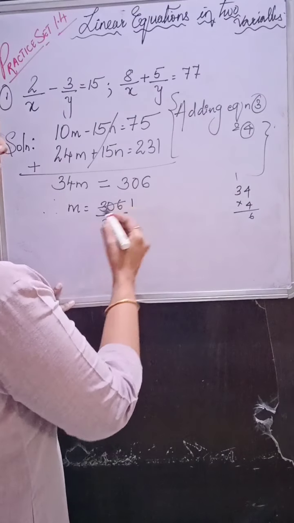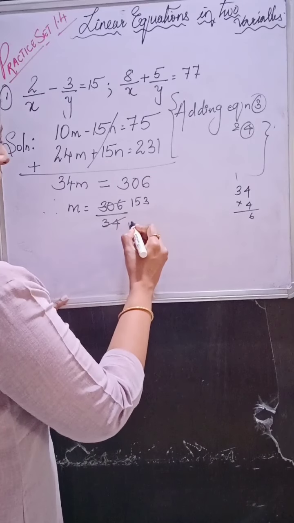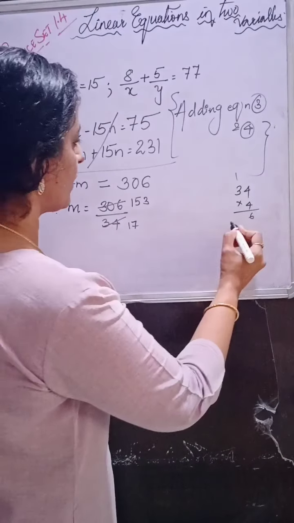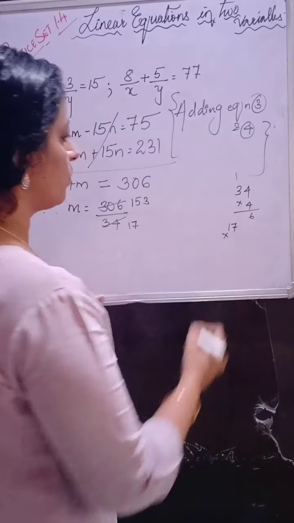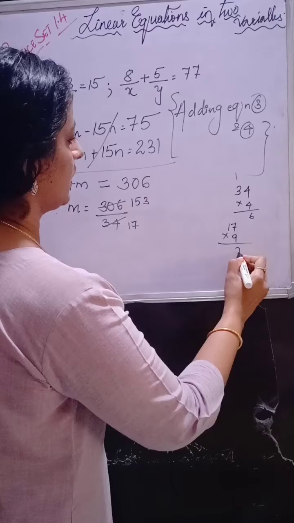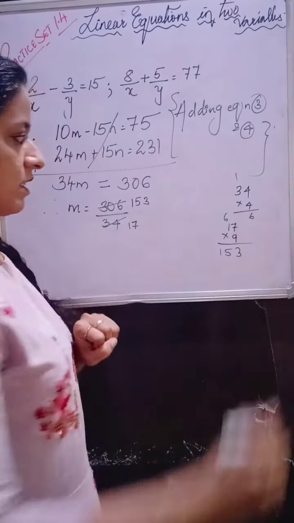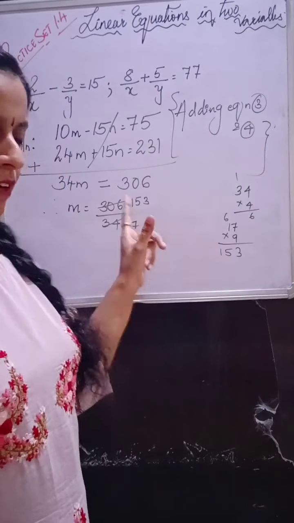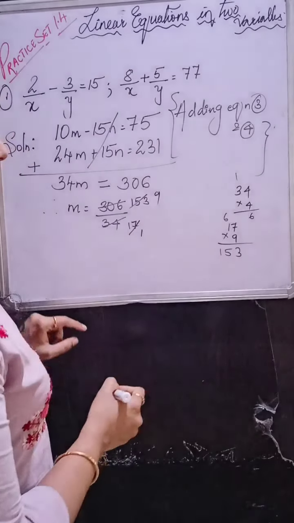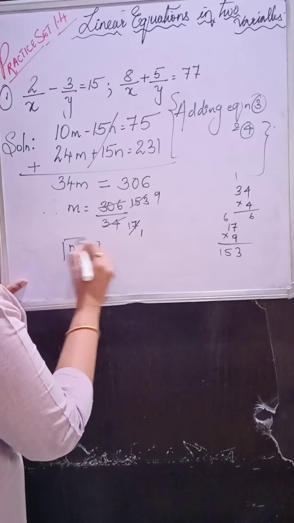Now 17's table: 153, 17 into 8, 9, 63, carry 6, 9 ones are 9, and yes, correct. So 17 9s are 153, we are getting 17 1 and 17 9. So our answer is m is equal to 9. Put it in a box.